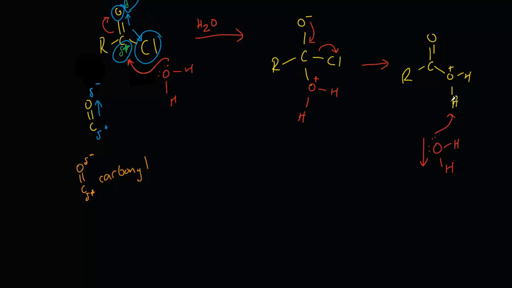And once it plucks that proton off, what you wind up with is a carboxylic acid, starting from acid chloride again, which is a really good starting material considering the fact that it makes this carbon more electrophilic because of the electronegative chlorine due to the inductive effect.